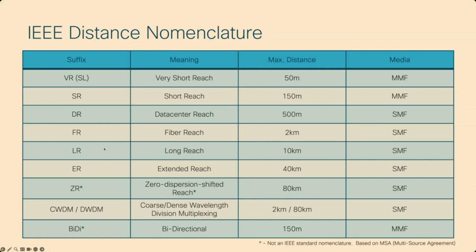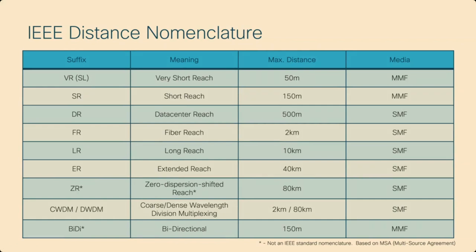And now there are things such as extended reach, or ER, which can go up to 40 kilometers, and ZR for zero dispersion shifted reach, which will take you all the way up to 80 kilometers. That is actually not an IEEE standard nomenclature. The ZR is part of what we call a multi-source agreement.